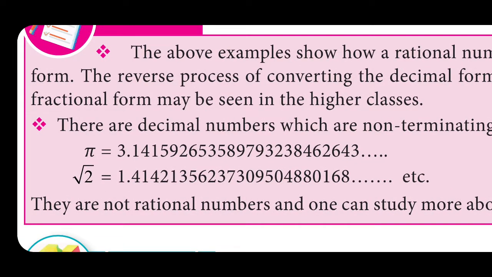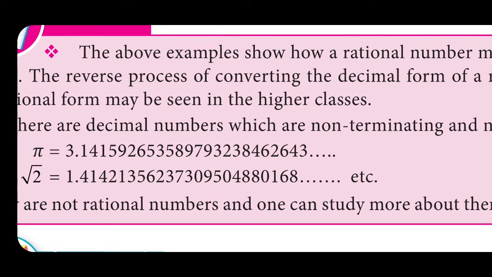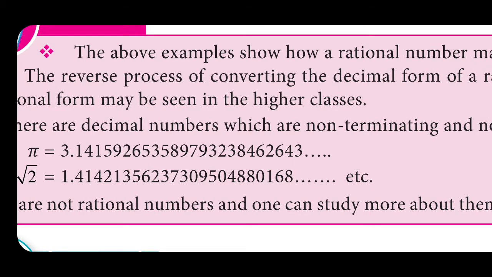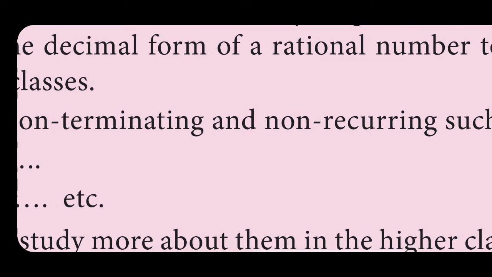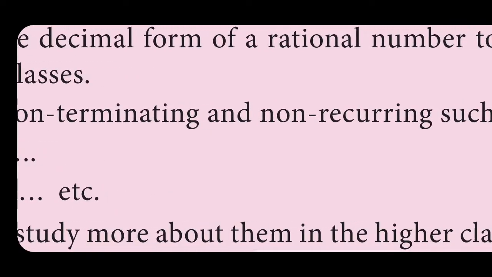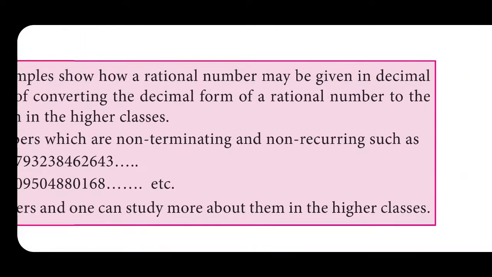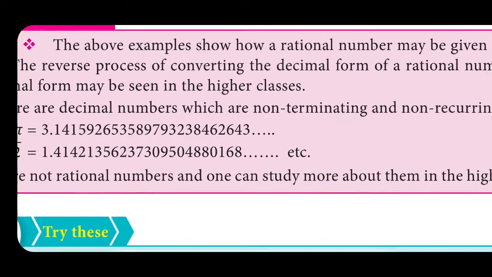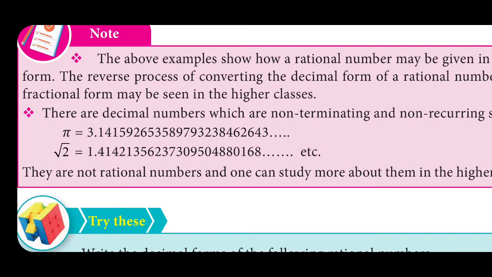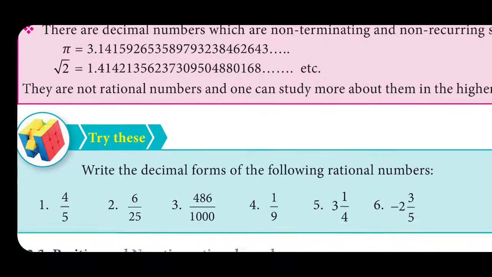So the decimal should be non-terminating and non-recurring. Such numbers are called irrational numbers, or not rational numbers.